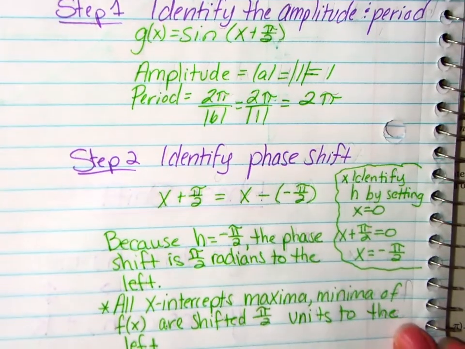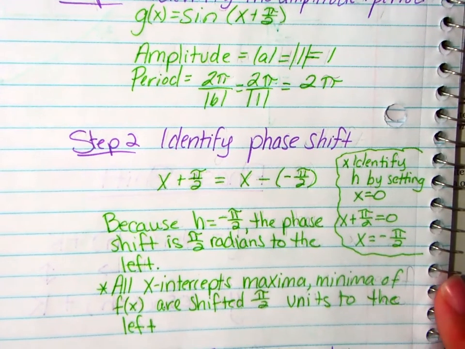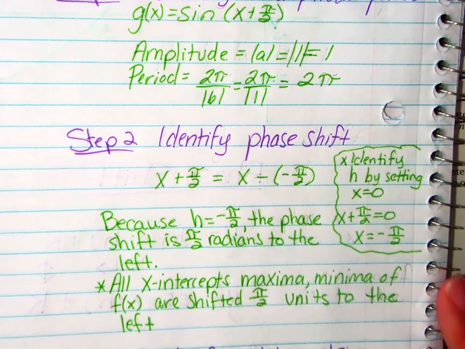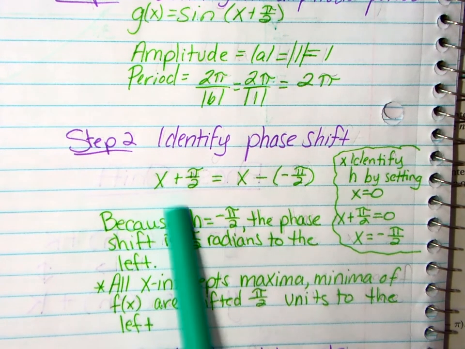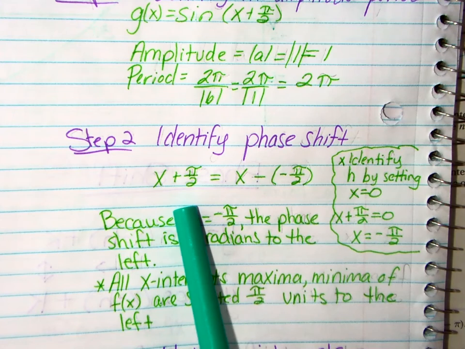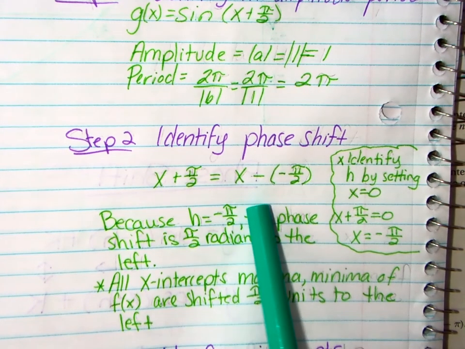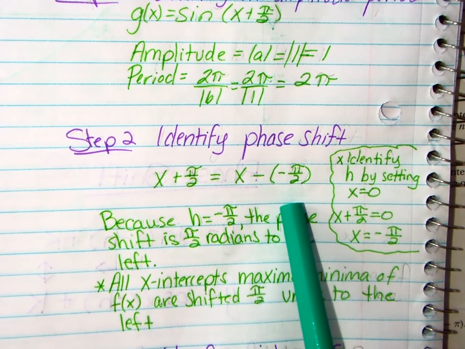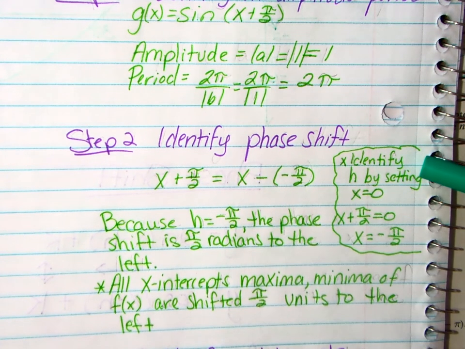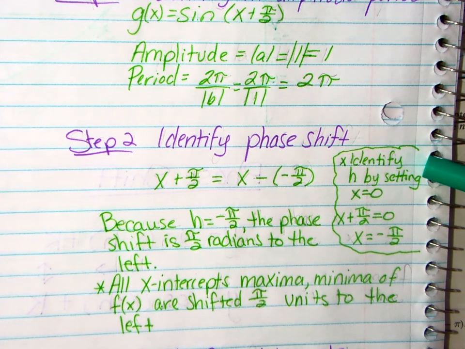Next we're going to do the phase shift. Remember, x lies. So if it's x plus pi over 2, that really means x minus a negative pi over 2, or you can look at it as just set your x equal to 0, and you have negative pi over 2.